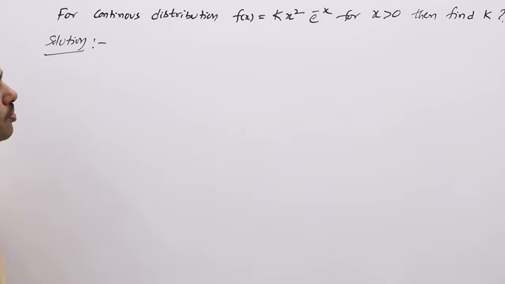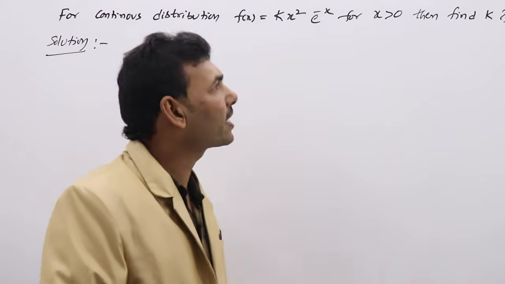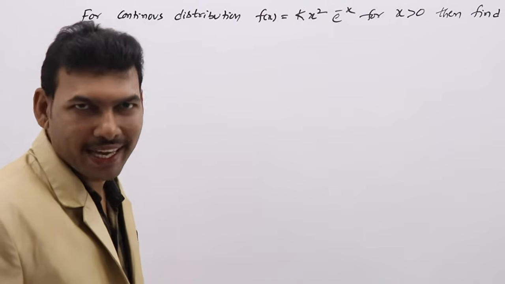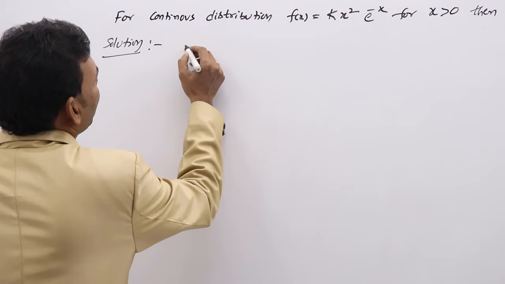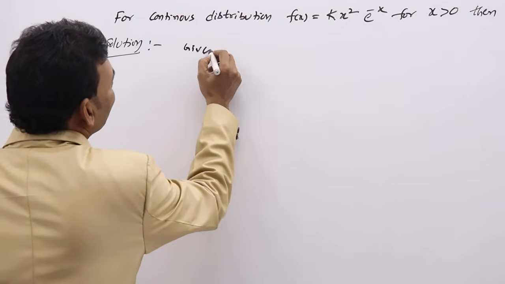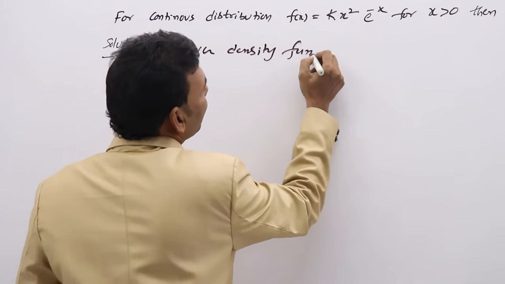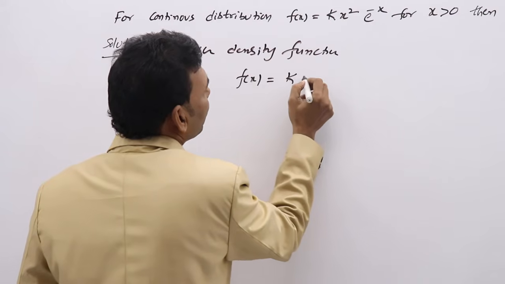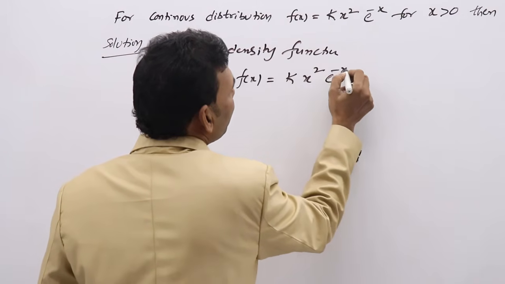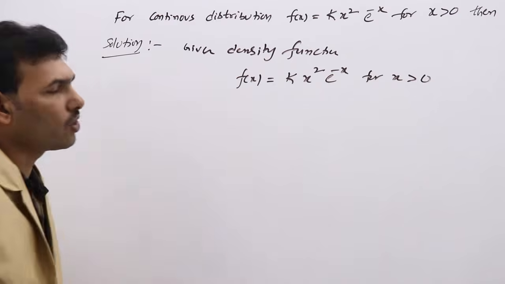For a continuous distribution, f of x equals kx square e power minus x for x greater than 0. Then find k. The k value we need to find. So the given density function is small f of x equals kx square e power minus x for x greater than 0.